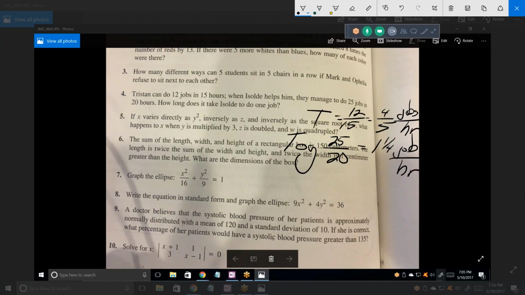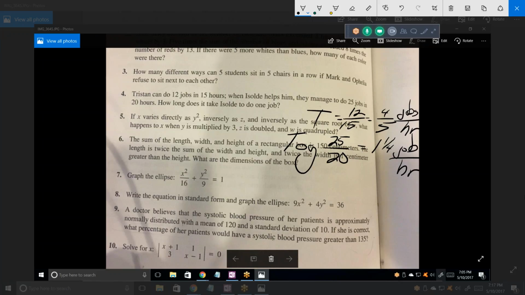Or 5 jobs in 4 hours? You want to get it down to an hourly basis. And you'll see why in one more step. I don't want to say 5 jobs in 4 hours. I want to get how many jobs can Tristan do per hour, and how many jobs can Tristan and Isolde do per hour.